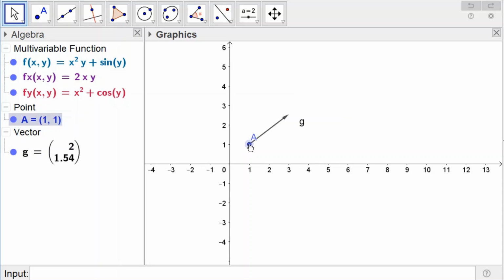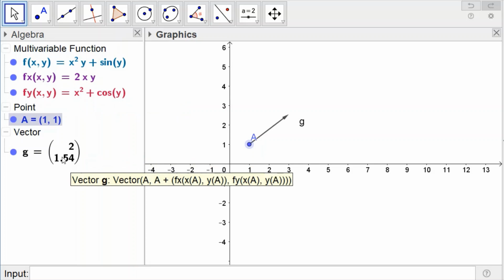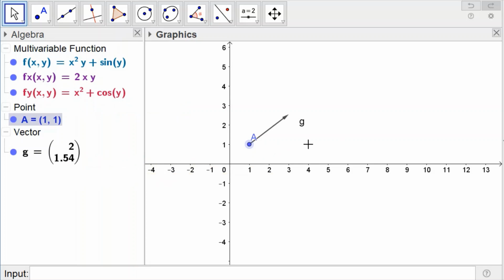So maybe at the point (1, 1), the x derivative would be 2 times 1 times 1, which is 2, and the y derivative would be 1 plus the cosine of 1, which is 1.54, and then you make that into a vector and you draw it at that point. And as you move the point around, you get different gradient vectors. So that's all the gradient really is: for each point in the domain, it's a vector, and the values of that vector are just the partial derivatives.